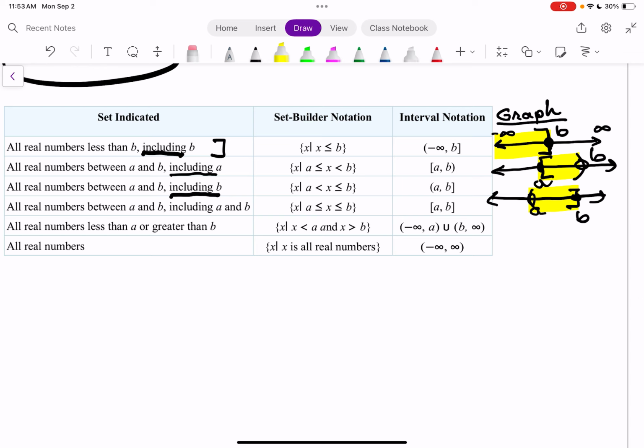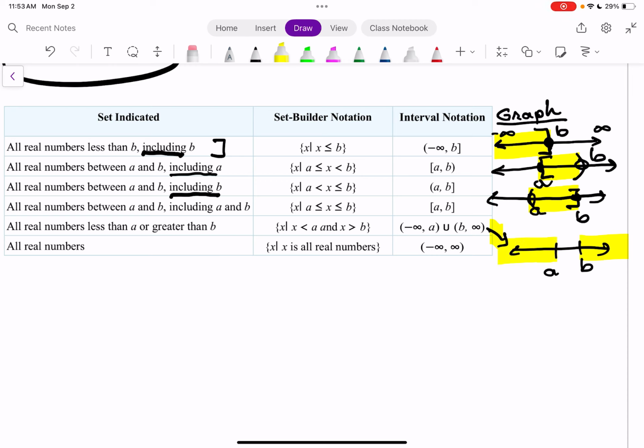And so let's say numbers less than a or greater than b, for example, means what? So you're going up to a, and then again from b.